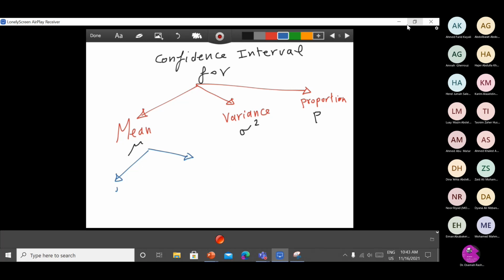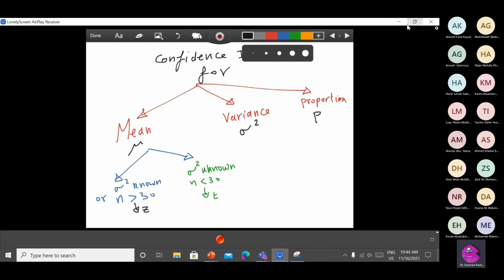If we are given the variance or the standard deviation for the population, or the sample size is bigger than 30, we will go for Z. But if we don't know the variance of the population, and the sample size is less than 30, we choose the T table in the formula we are going to use to find the confidence interval.